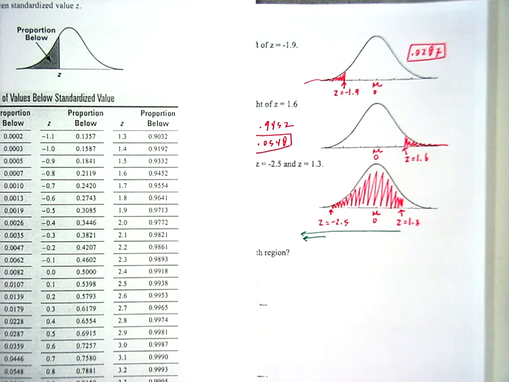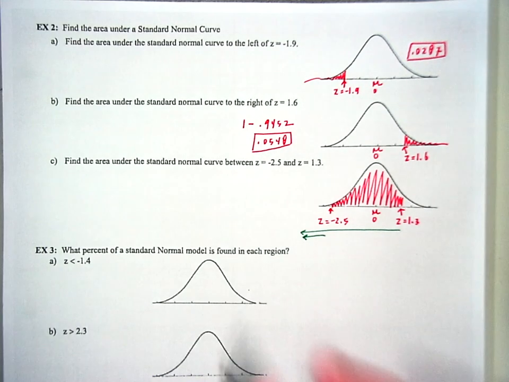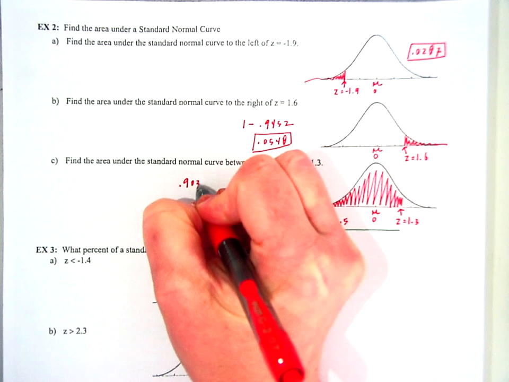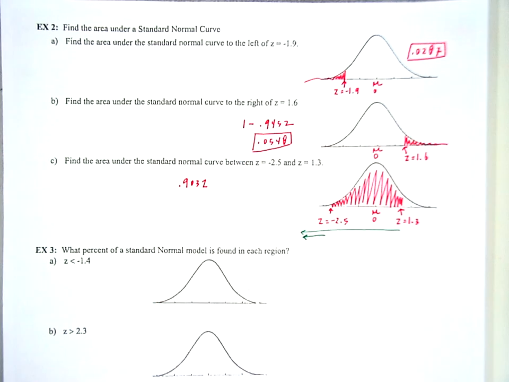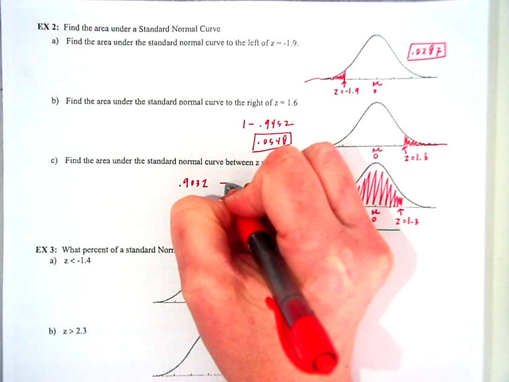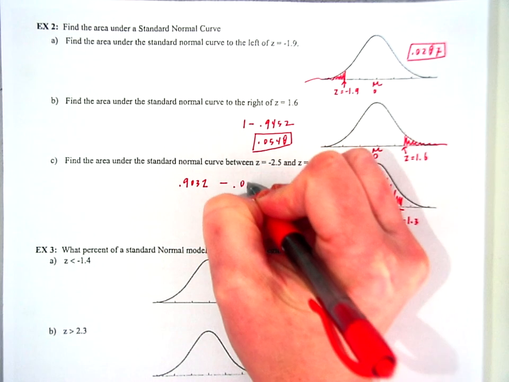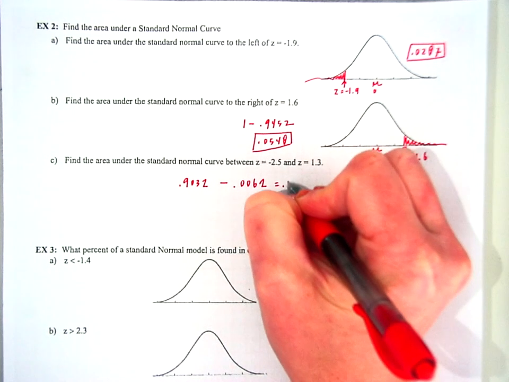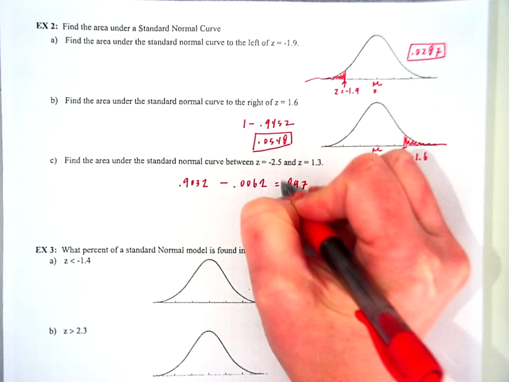So for the 1.3, the proportion was 0.9032. Okay, so the z-score of 1.3 gave me a proportion below of 0.9032, and then I need to take away the 0.0062. And it's going to leave me with 0.897.